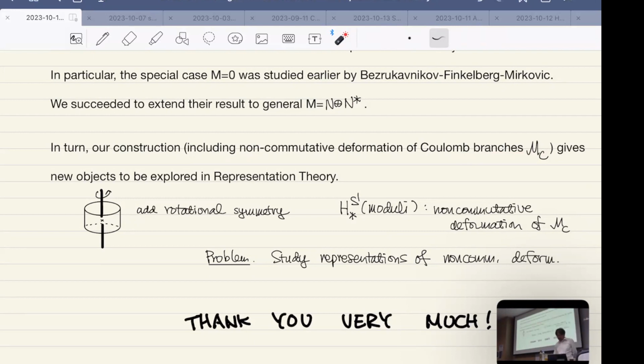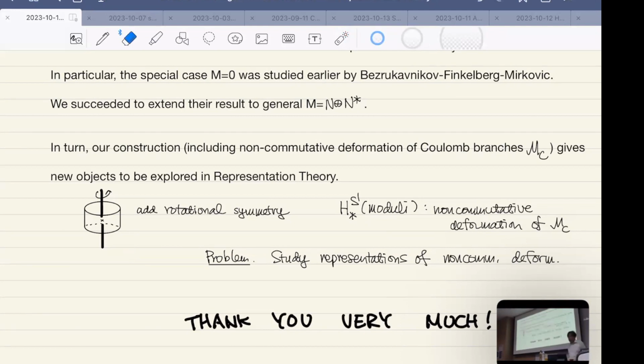We started with this picture, a disk times a small interval, and we remove the point. But we add a rotational symmetry to this picture. So we fix this axis, and we consider all the connections and all objects to be invariant under this rotational symmetry.